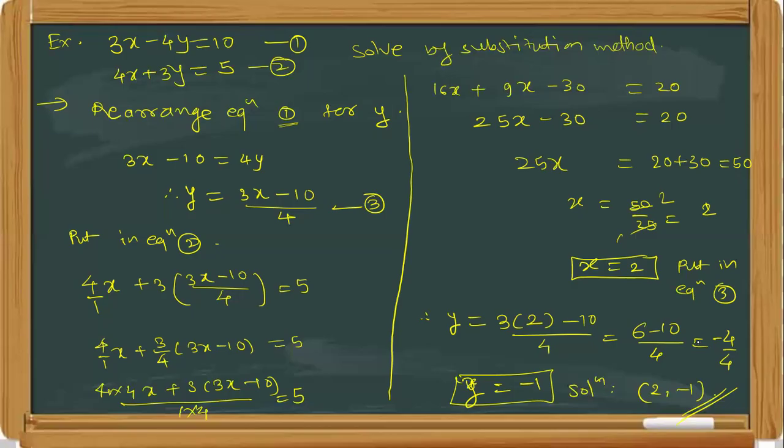Okay. Now let's try to understand the next method, which is called the elimination method. As the name says, elimination means we need to eliminate. In the elimination method, we need to eliminate one of the two variables. We need to choose one variable to eliminate, either x or y, anyone.